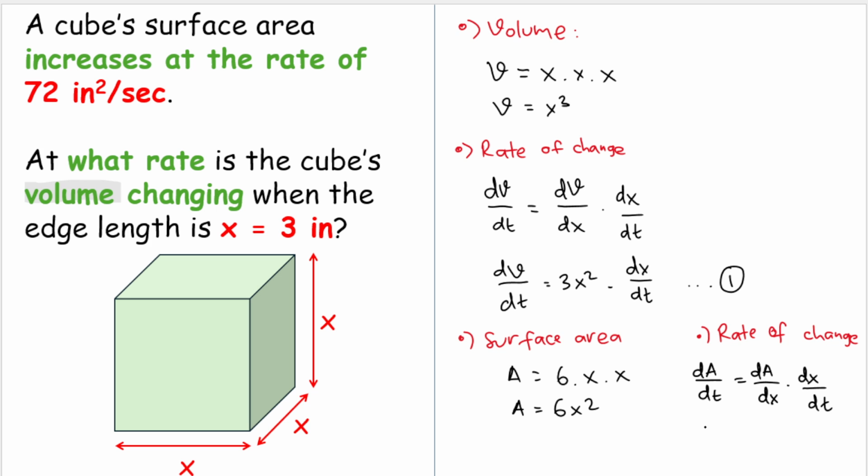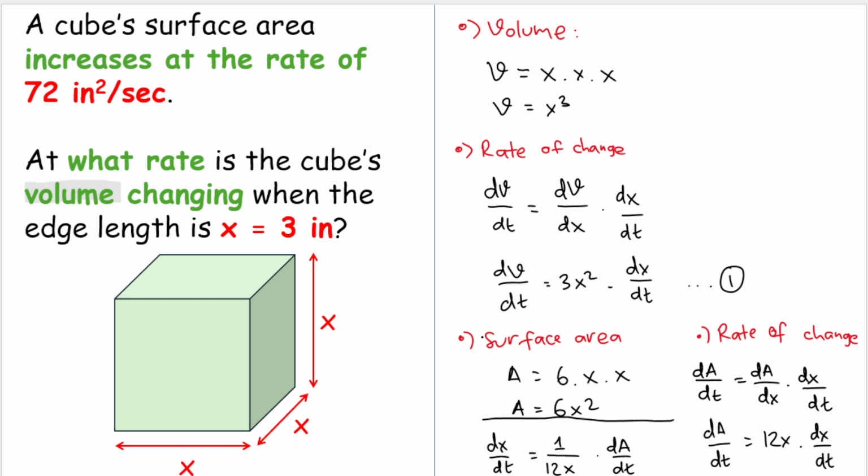So we will have dA/dt equal to 12x multiplied by dx/dt. But we can isolate that for dx/dt here. Okay, maybe let's do it here. So we will have dx/dt equal to 1 over 12x multiplied by dA/dt.